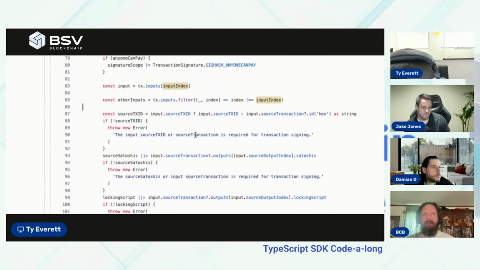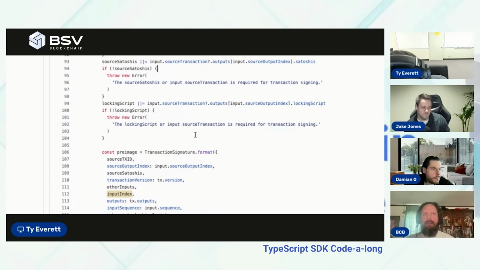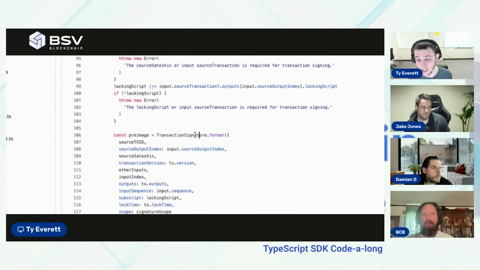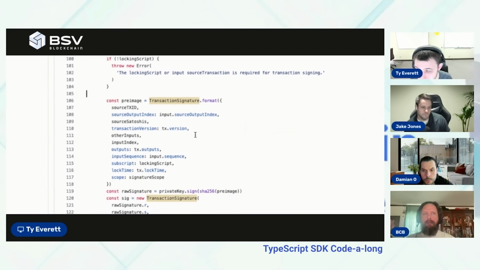It's going to figure out the source TXID and the source satoshis and locking script, which are all elements necessary to create the transaction signature preimage, which is what you actually sign when you unlock a Bitcoin UTXO with OP_CHECKSIG. So of course we pass that information in: the source TXID, output index, the source satoshis, the transaction version, other inputs, the index of the current input, and then we take out some information about the current input.